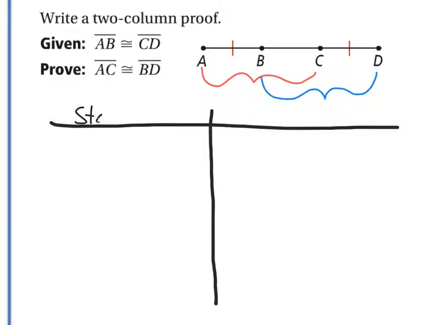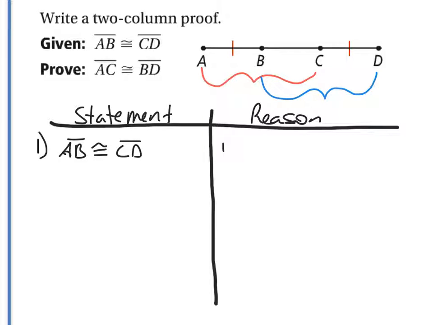First column is your statements. Second column is your reasons. And our first statement is always what's given to us. So my first statement should be that line segment AB is congruent to line segment CD. That is given.